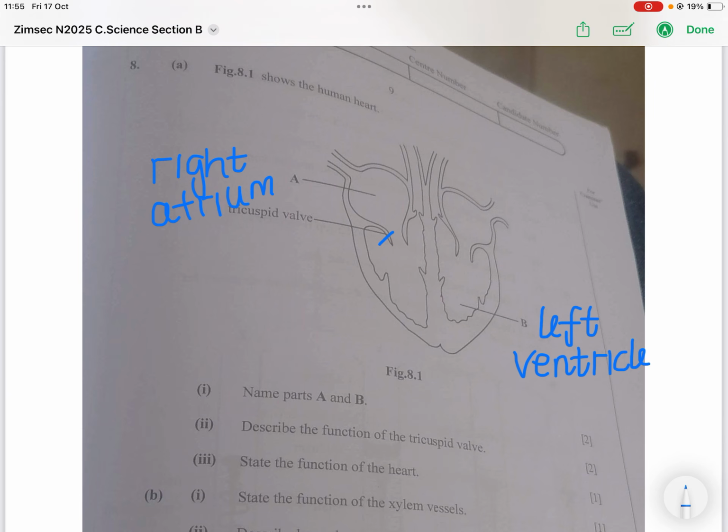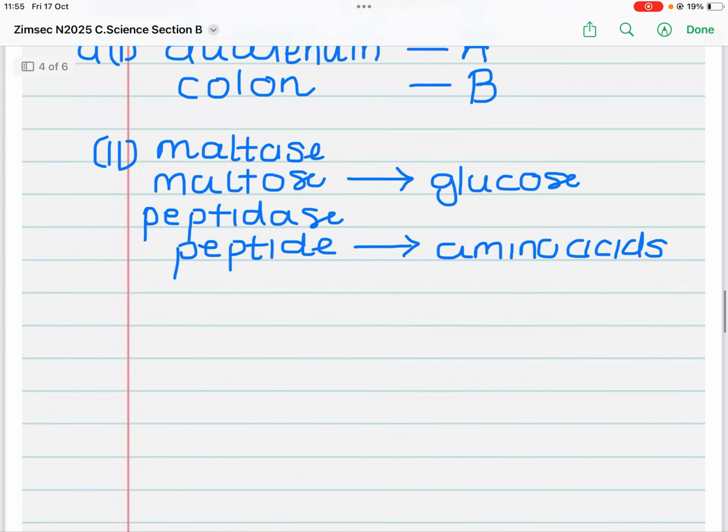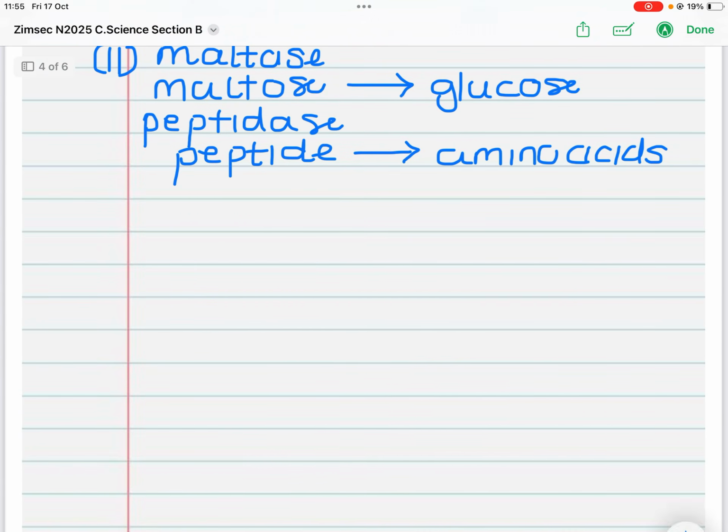So the main function of the tricuspid valve, it is to ensure the one-way blood flow from the right atrium to the right ventricle. So we can write it on our answers so that it can help you in your revision. So this is number 8, part 2.